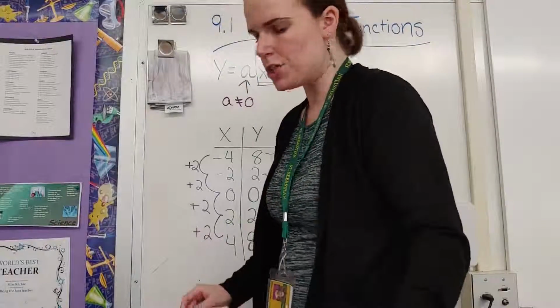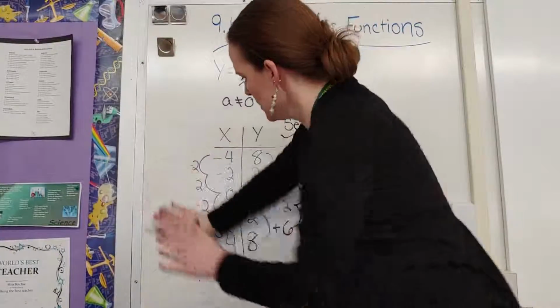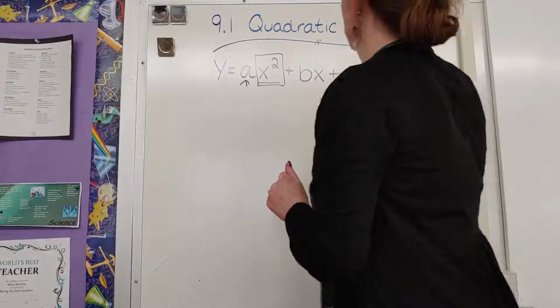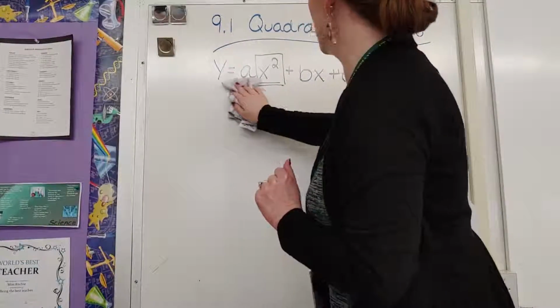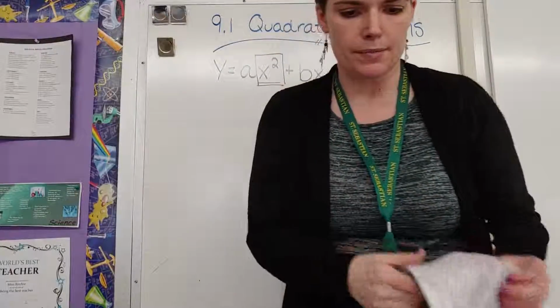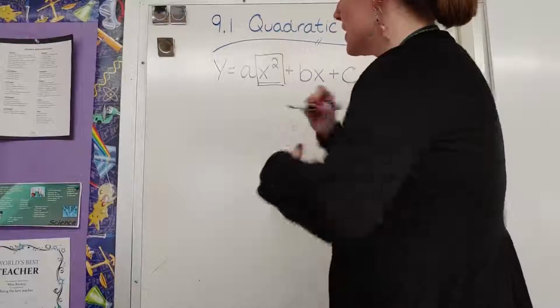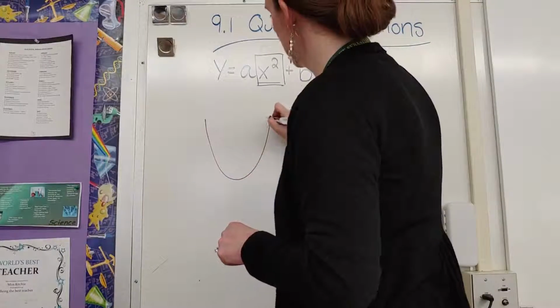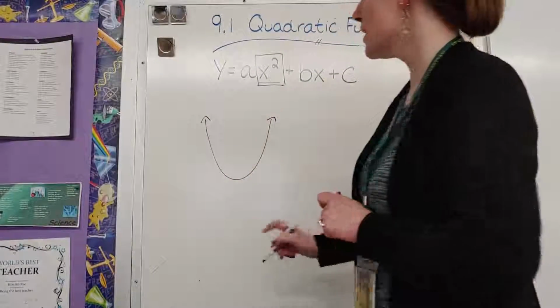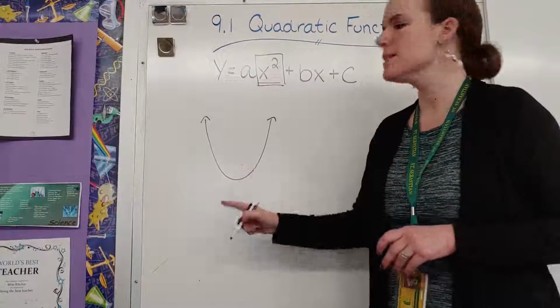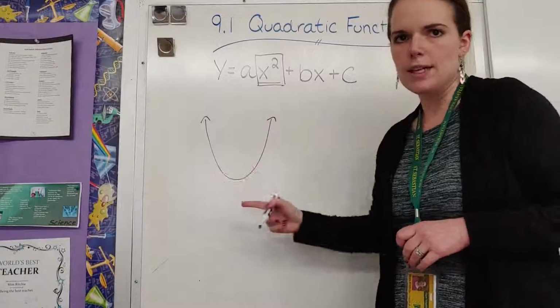All quadratic functions, when you graph them, they make a parabola. So a parabola looks like this. This is a parabola. And all of your quadratic functions are going to be some variation of this.